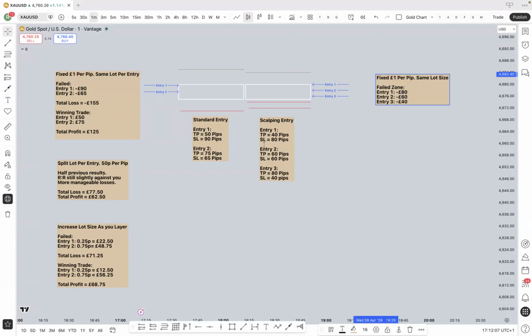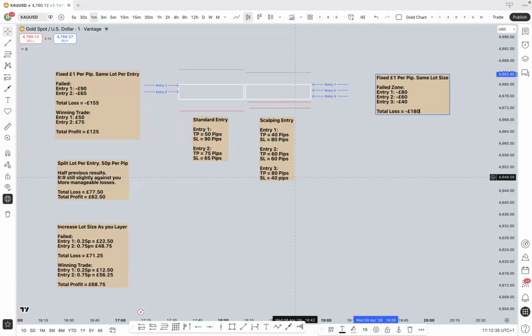Where do we get those numbers from? Because there's our stop loss from our top entry. 80 pips, 60 pips, 40 pips. This is the average that you'll find within the scalping group. So your total losses would be a grand total of £180. Okay.